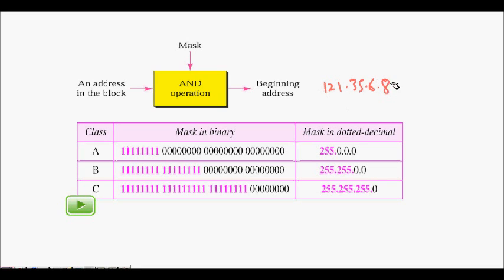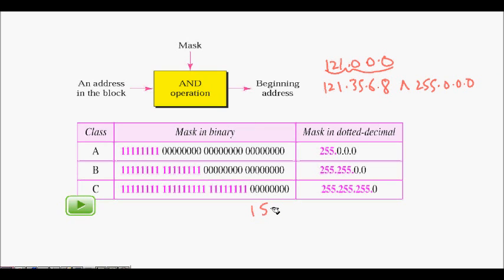When you have an address, for example 121.35.6.8, this is a class A address, so I will AND it with 255.0.0.0, which is a bitwise operation. Where the mask is all ones, I get 121, and with all zeros I get 0.0.0. So the network ID is 121.0.0.0.